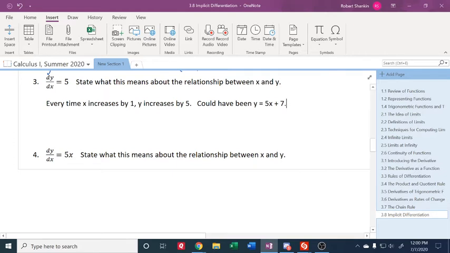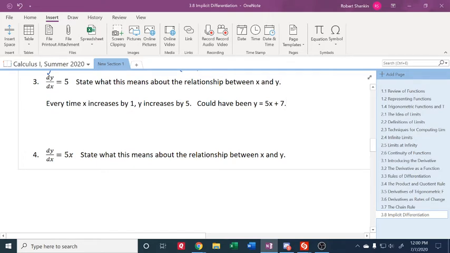So does that mean that y is going to be 5 times as fast as x? Or, well, not faster, increases by. Increases 5 times faster than x? Yes. That is the case on number 3, that the y is increasing 5 times faster than the x is. But this one has an extra x in it.